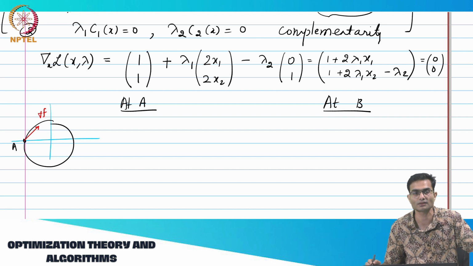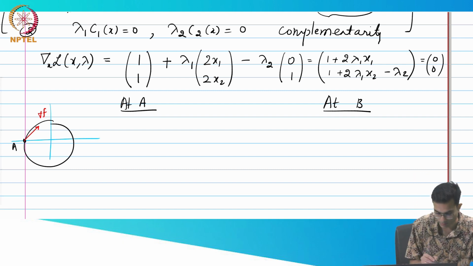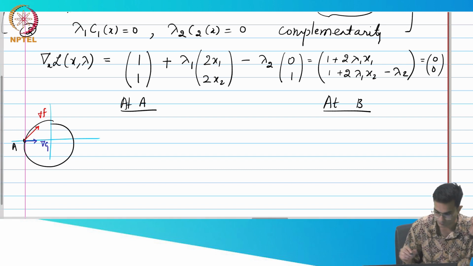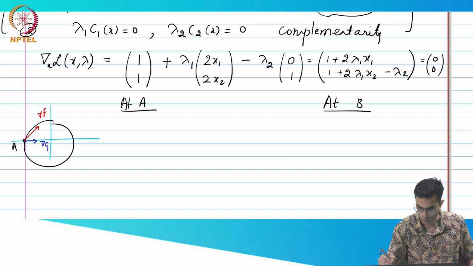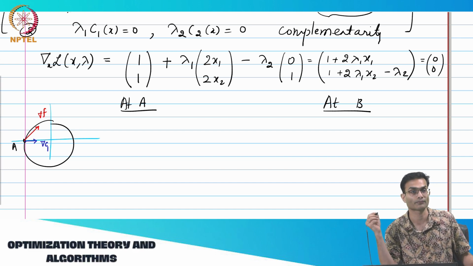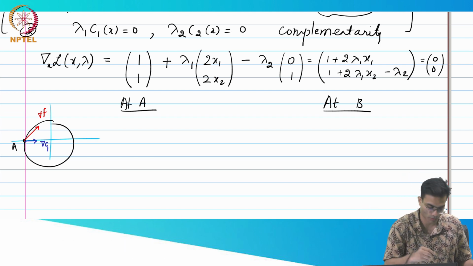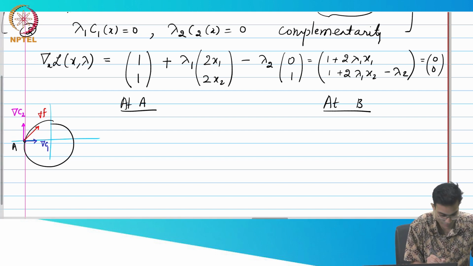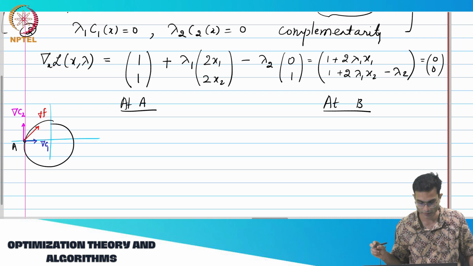Grad C1 is the interior of the circle, so it's radially inwards, right? So this is my grad C1. Which way is grad C2 pointing? Upwards, 0, 1, right? So this is my grad C2.